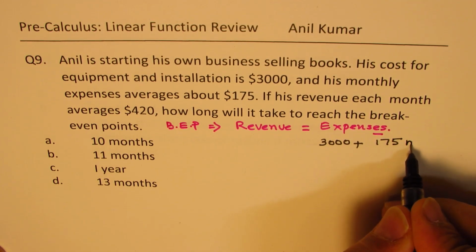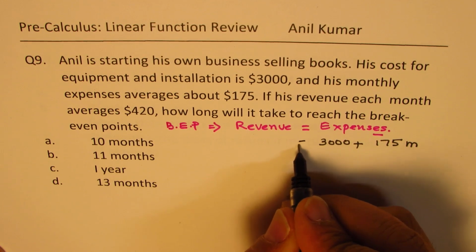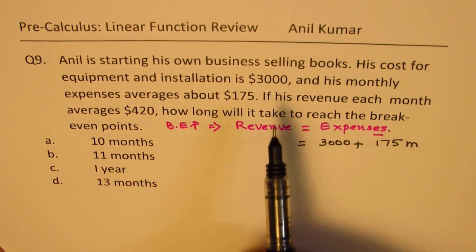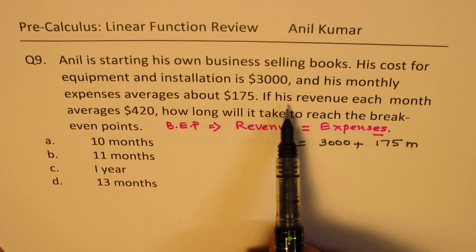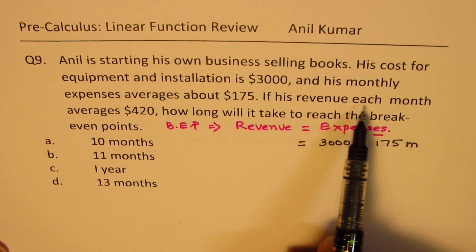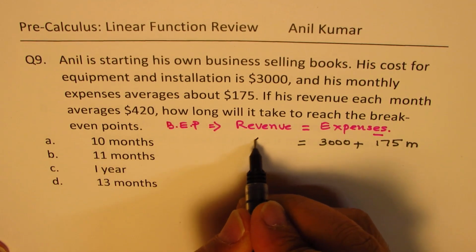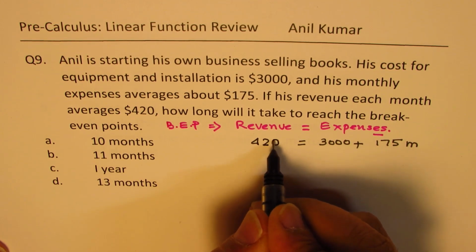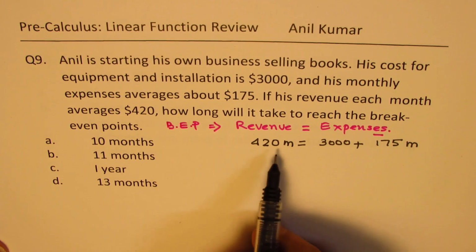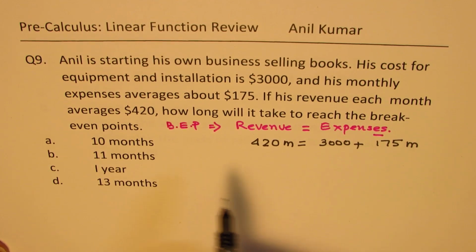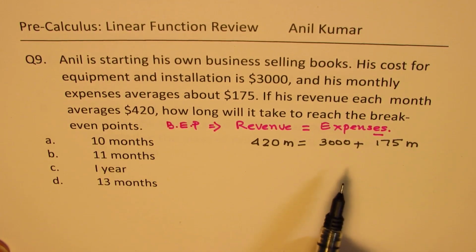And what is the revenue? His revenue each month averages $420 per month, so times M, that becomes the revenue. Clear?